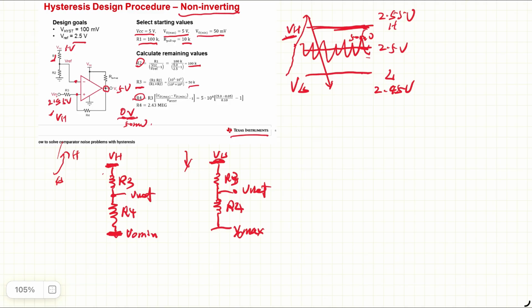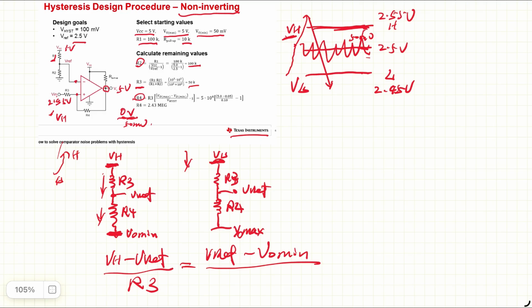Then from these two circuits, we can make two equations. In this case, we know the current flow through R3 equals that through R4, so the current over R3 is VH minus VREF divided by R3, equal to the current over R4, which is VREF minus V out min divided by R4.